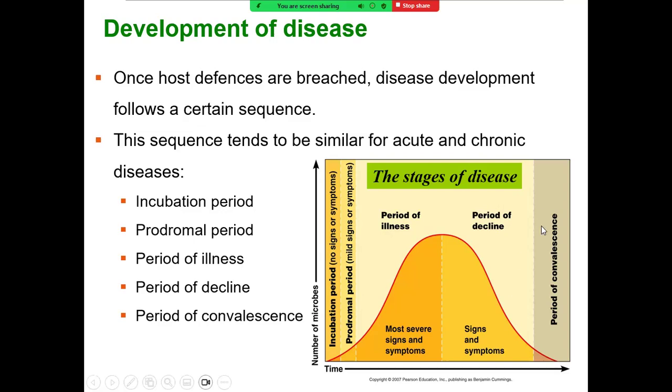And that's not called a period because it's not a period of disease, it's when you're well. So even though you feel totally well in the period of convalescence, you're not totally well. You still have the disease-carrying organisms in you. They're just below a threshold number, so you have no signs or symptoms of disease.